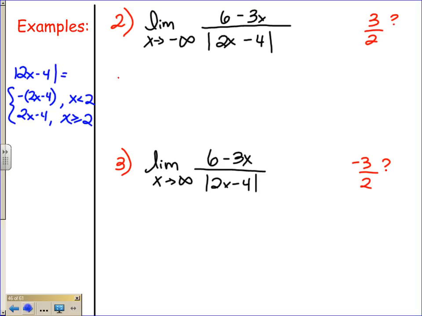So I could say this is the same thing as the limit as x approaches negative infinity of 6 minus 3x all over negative. The degrees are the same. And now that I've broken up my absolute value, a negative over a negative is a positive, and it's the ratio of leading coefficients.